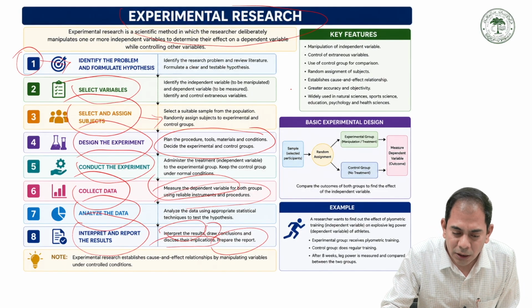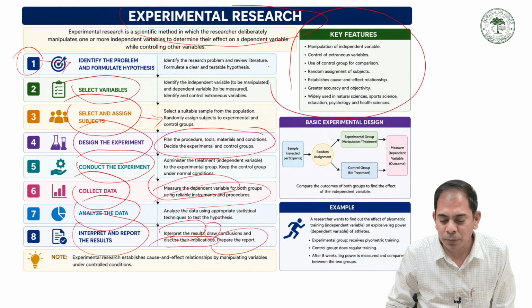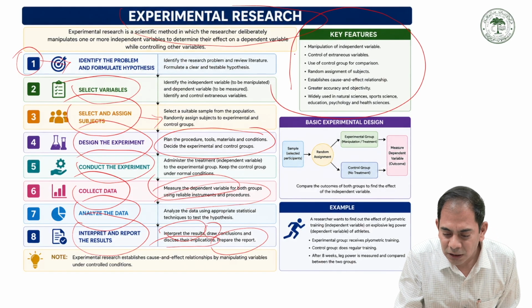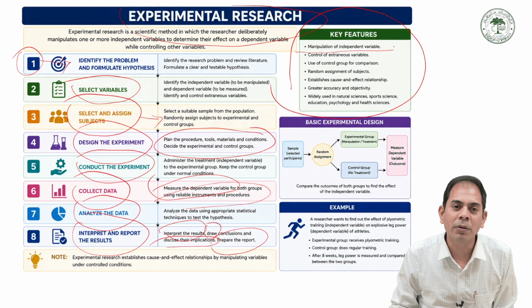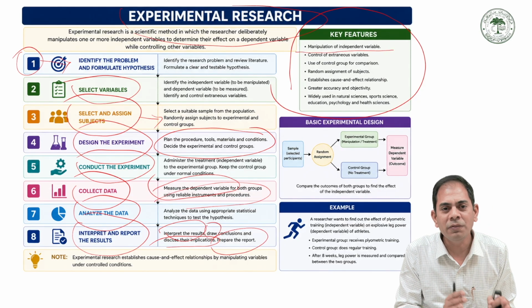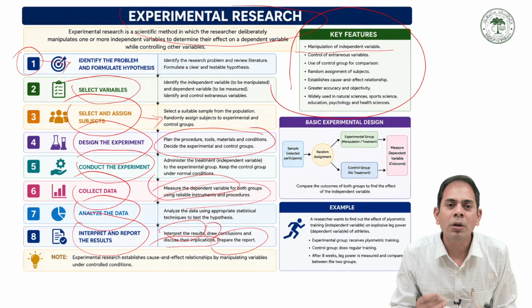The next important thing is that experimental research has some key features. The first important feature is to manipulate the independent variables. We already discussed that in experimental research we have at least two types of variables, dependent and independent.